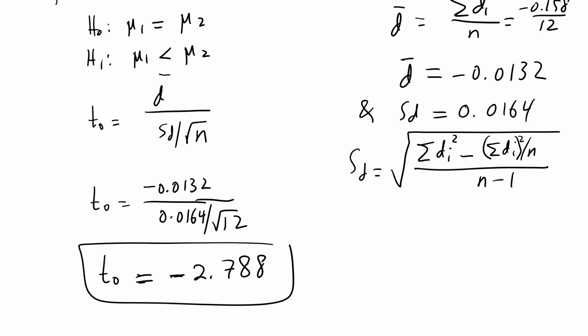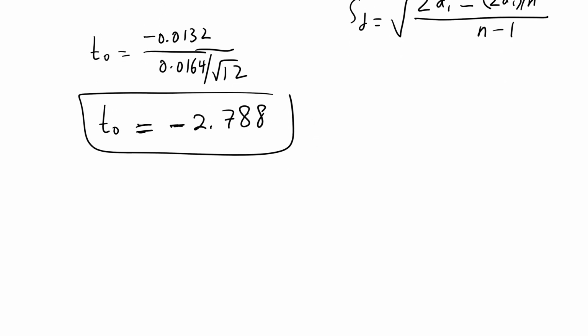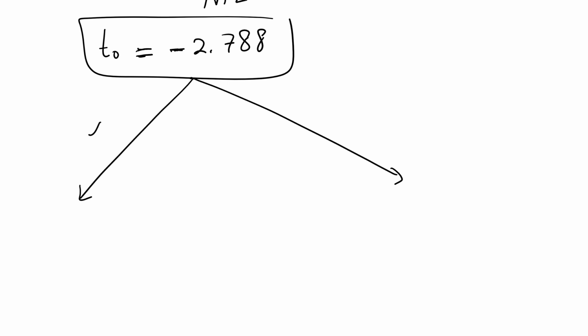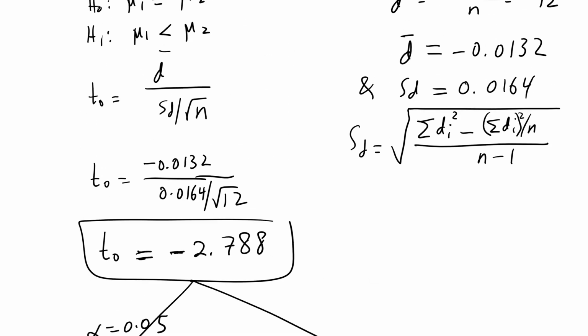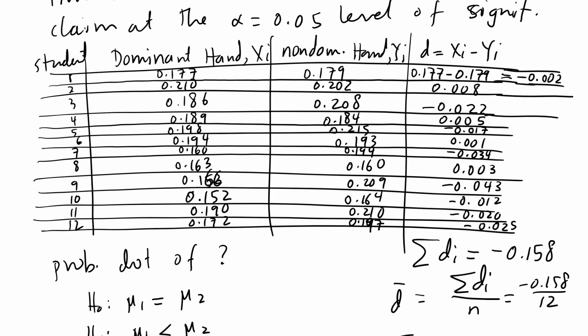Now from here we can go in two different ways to finish solving the problem. The first method is the critical value, and the other one is the p-value. Here we need the given alpha, 0.05. By the way, before I forget, we do graph the difference, the probability plot of the difference.